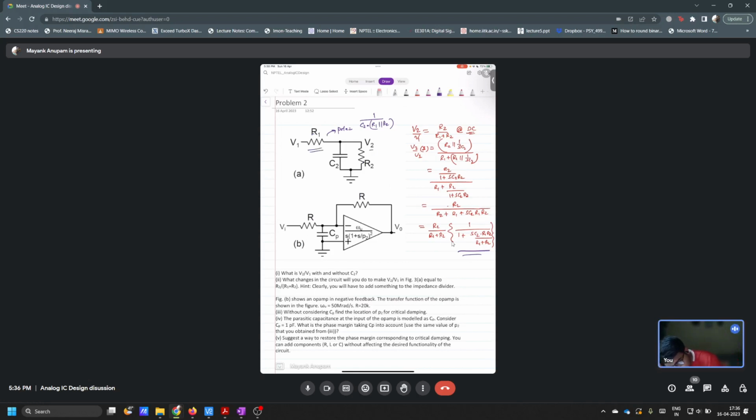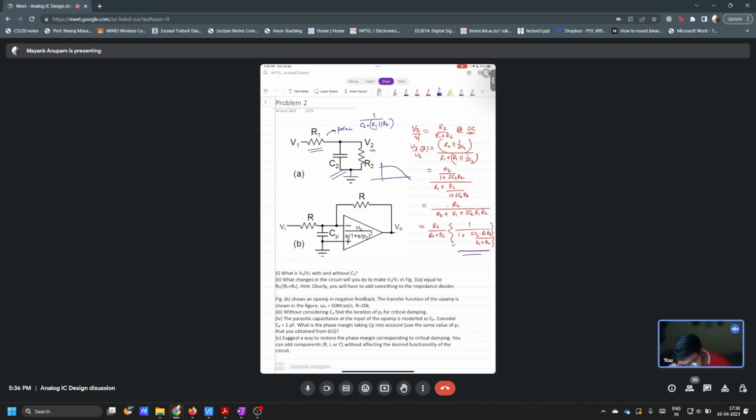V2 at DC is equal to R2 by R1 plus R2. But at very large frequency, V2 will be grounded because of this capacitor C2. So the response will be something of this kind, and there has to be a pole in the system.